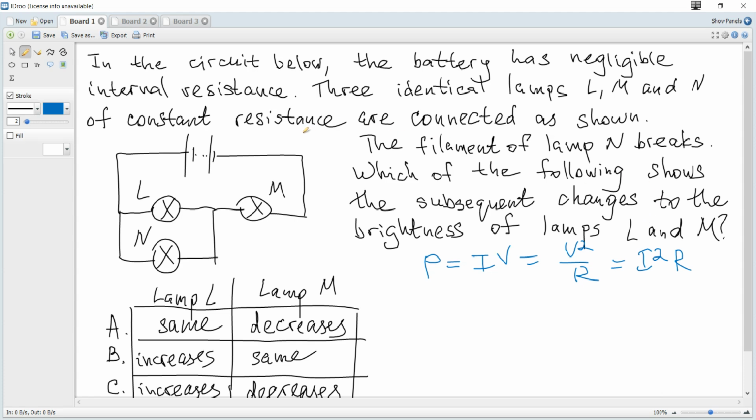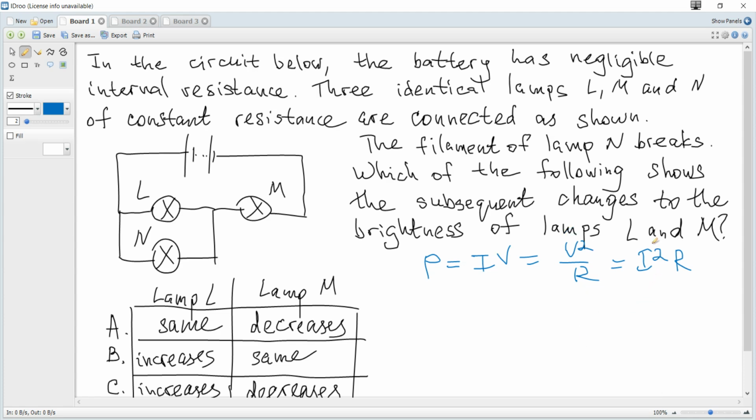And you can see that there are three lamps of constant resistance. It's very important. If you know how voltage across some lamp changes, you may conclude about power and then about brightness. It's enough to know how voltage changes, and we use this formula.